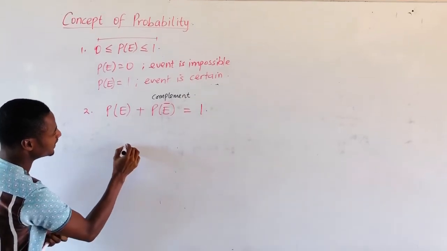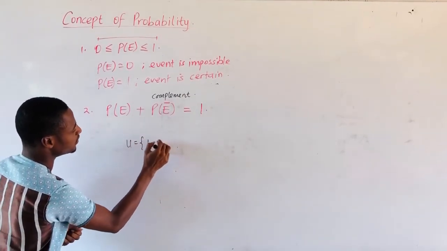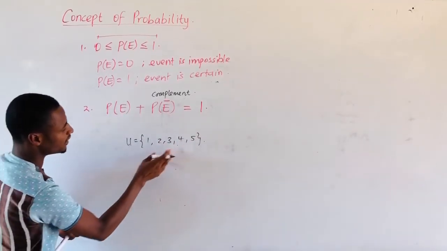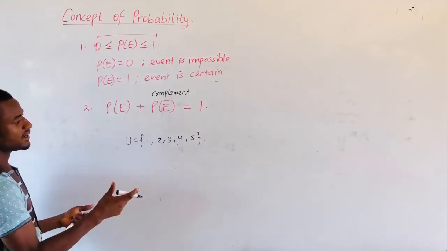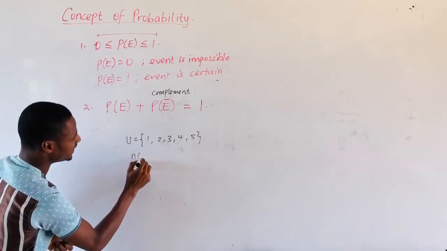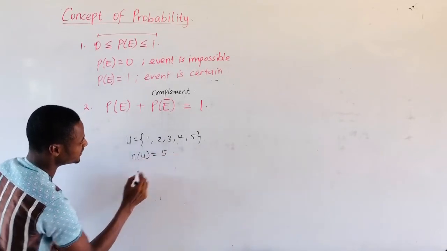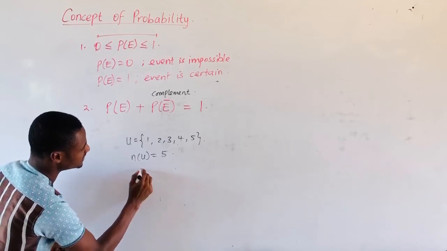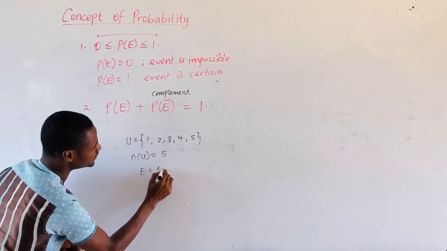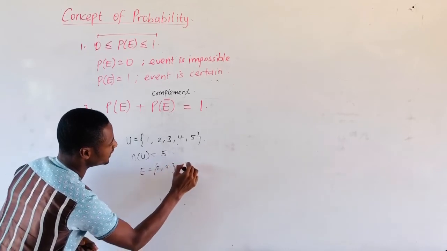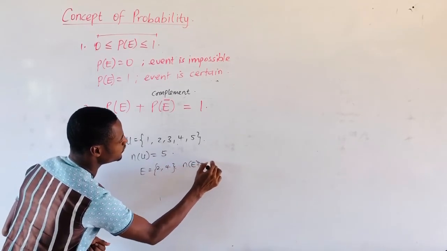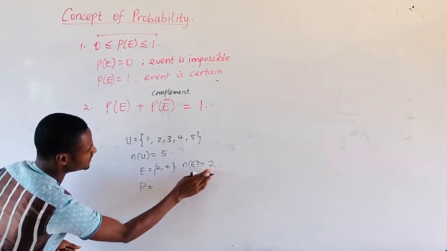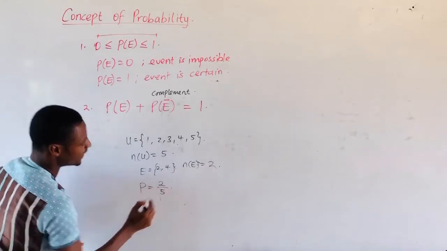If we have a sample space U equal to 1, 2, 3, 4, 5, assuming our event here is an even number, then the number of elements in the sample space is 5. The number of elements in the event itself, an even number, which is 2, 4, is 2. Then our probability will be the number of elements in the event over the sample space, 2 over 5.